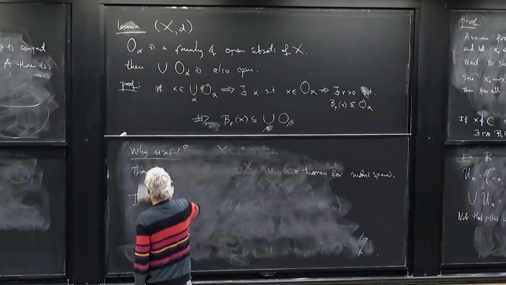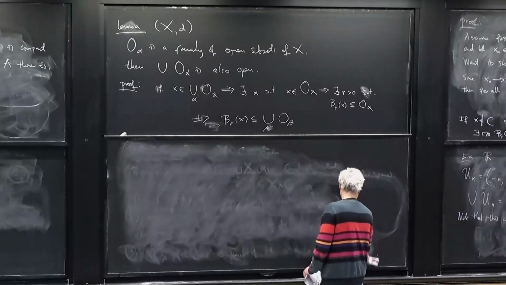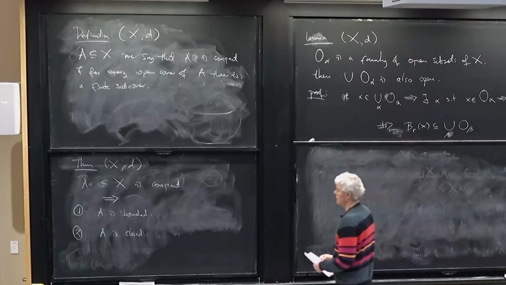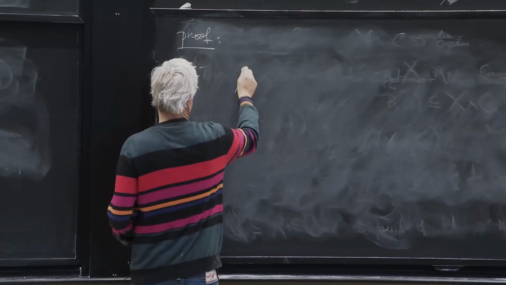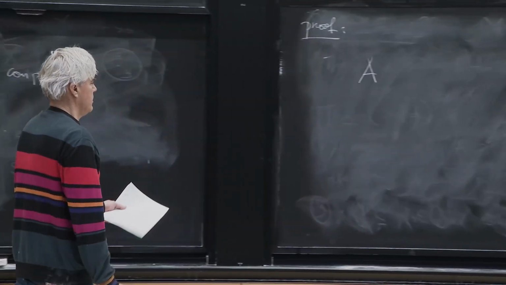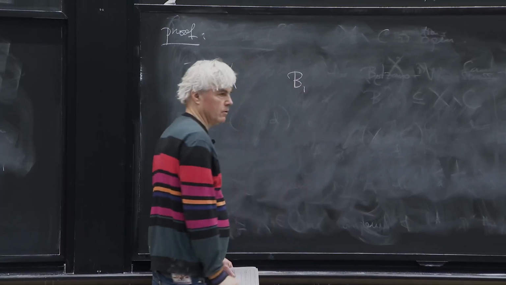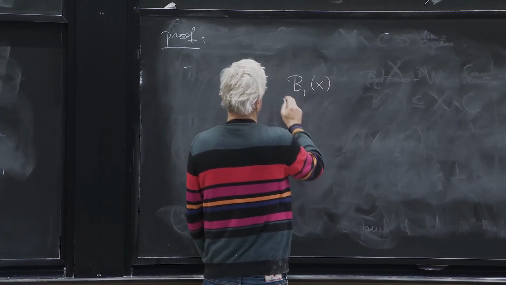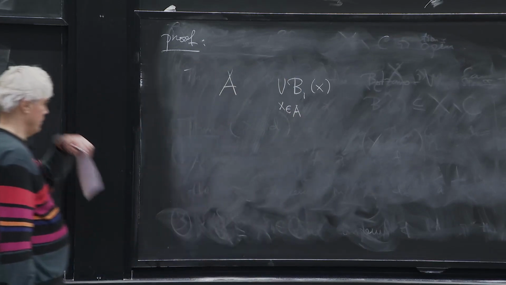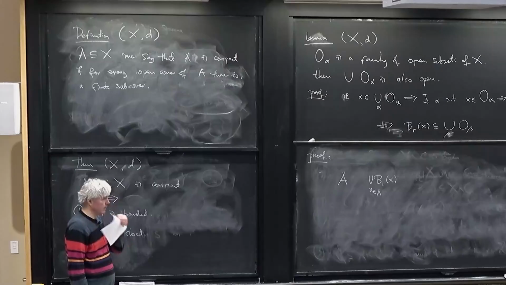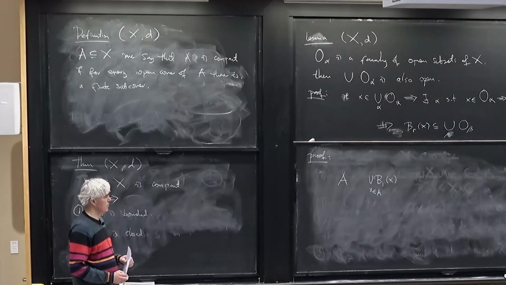You could look at a very trivial cover of A. So you have here A. Well, obviously, if you take all balls with radius 1, where the center could be anything in A, for each element in A, you take a ball of radius 1 around that point.